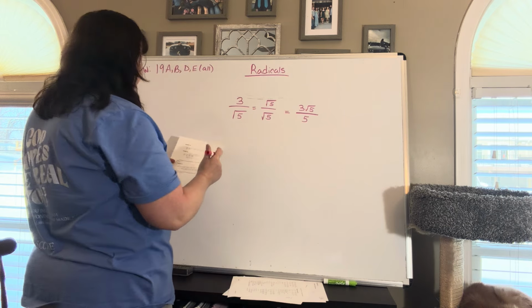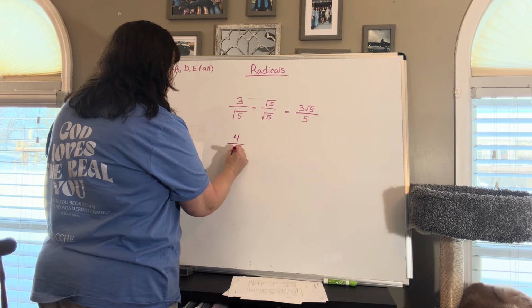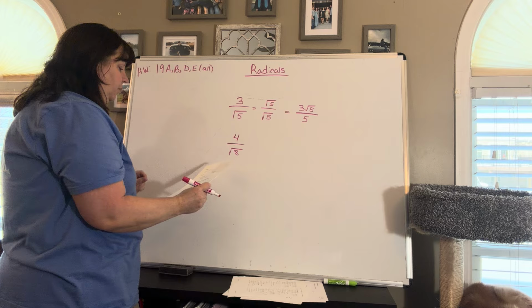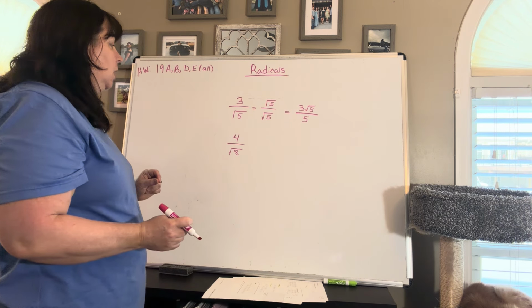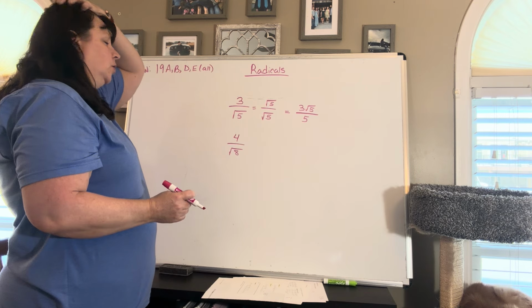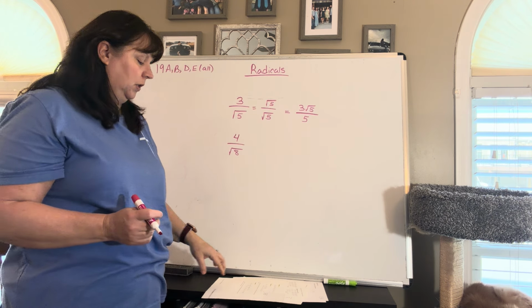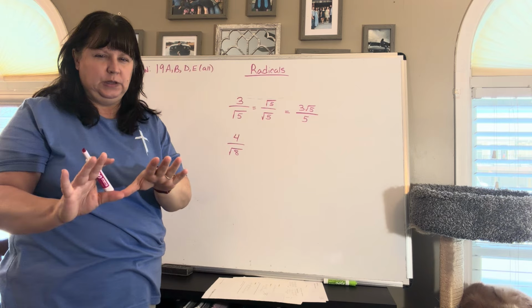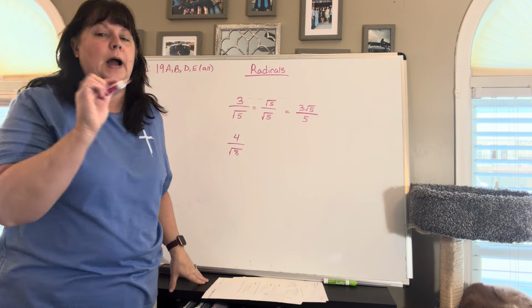Let's do this one. What if I have 4 over radical 8? Now there are 2 ways that you can do this problem. You can simplify the radical before multiplying by it, or you can just multiply by the radical. If that's confusing, you can look in the book and it'll show you both ways.